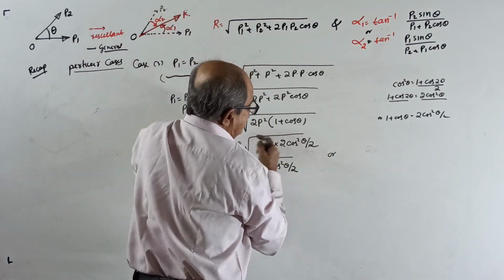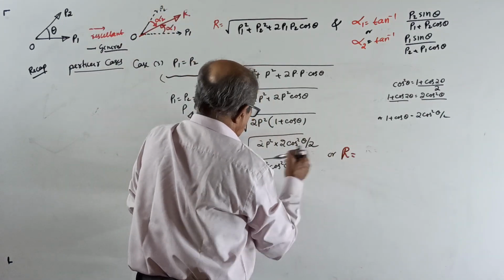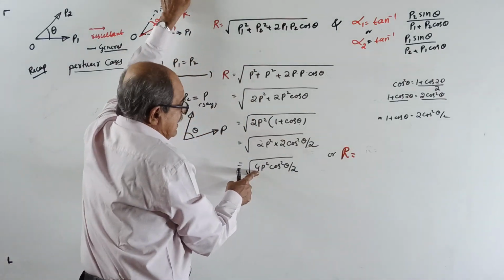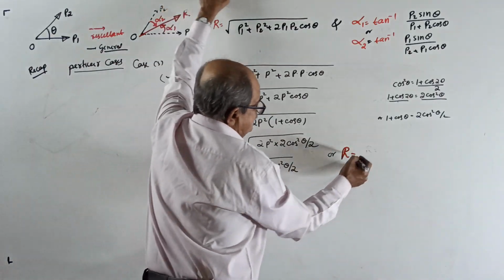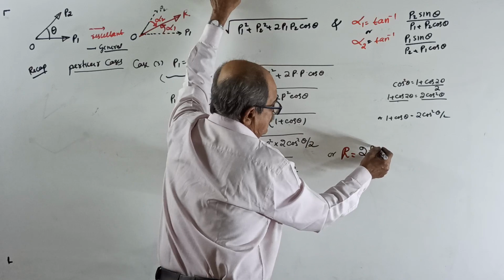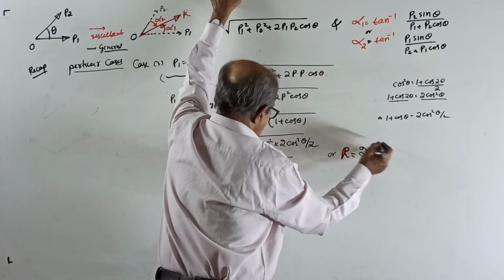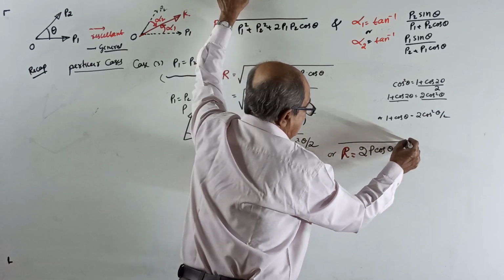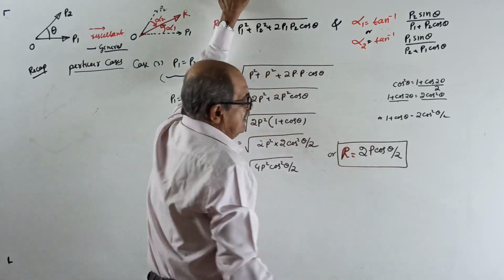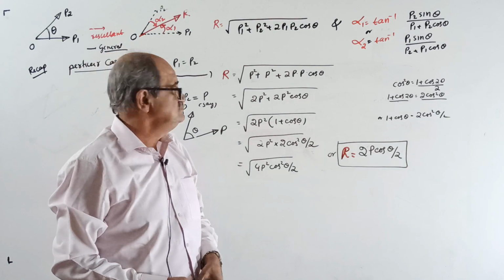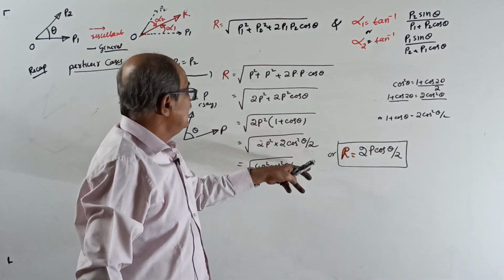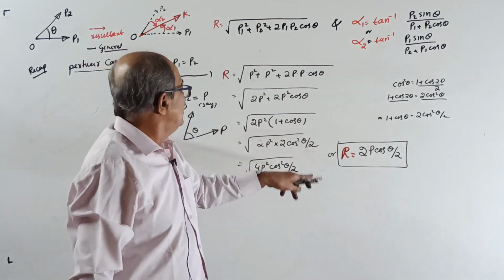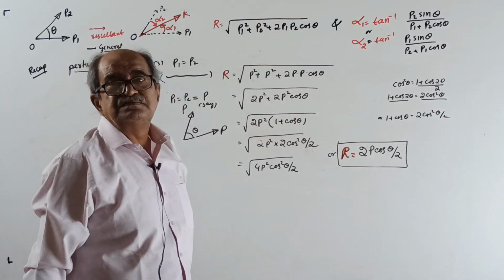Or you can tell resultant equals root of 4P square becomes 2P cos theta by 2, not cos theta. 2 into P into cos theta by 2 is the answer. That is the expression for the resultant if the two forces are equal.